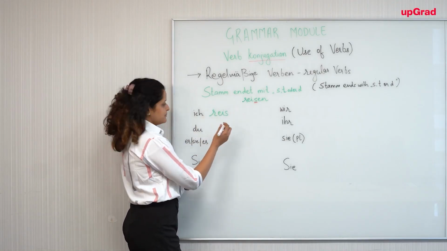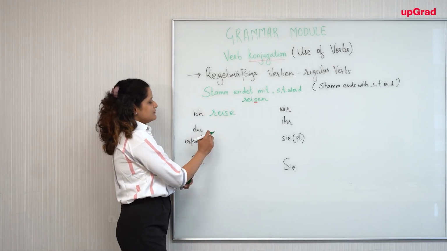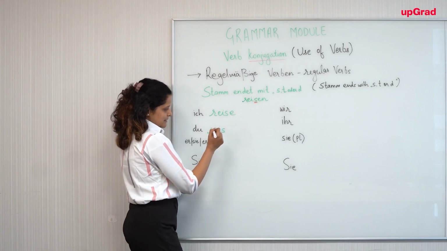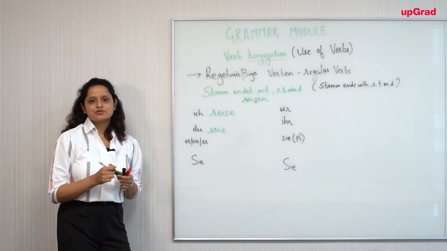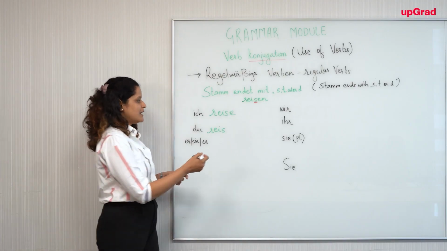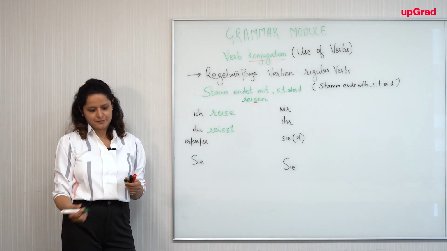Stem remains the same. We add e to it. But when we conjugate du here, stem remains the same. What we learned in the previous section when we conjugated regelmäßige Verben is we tend to add st for a du conjugation.